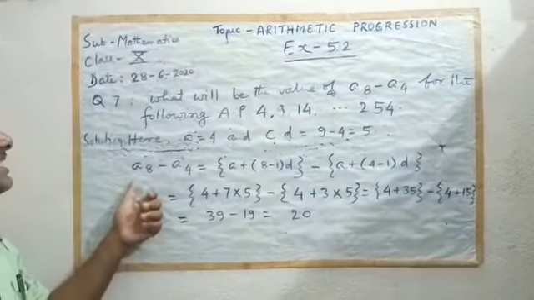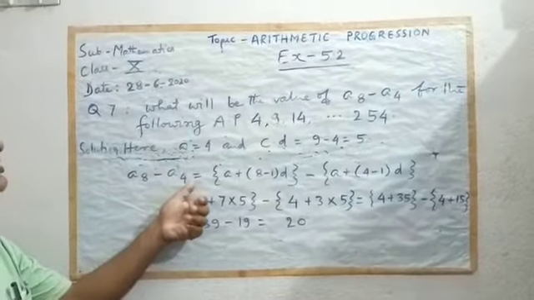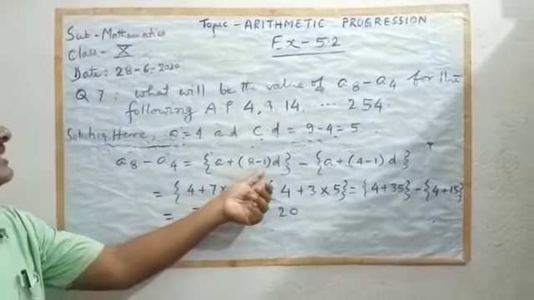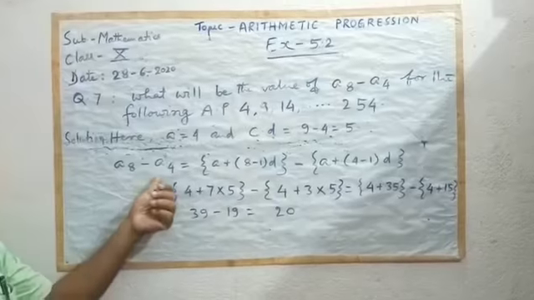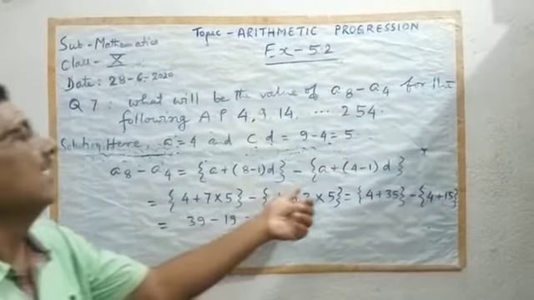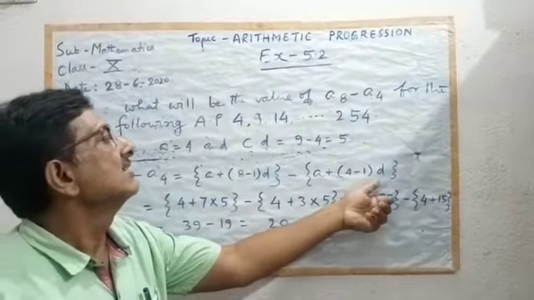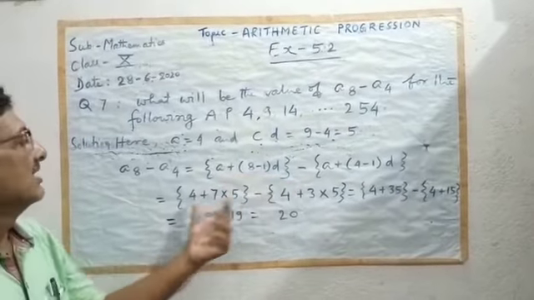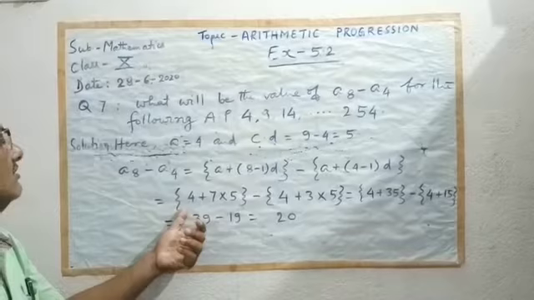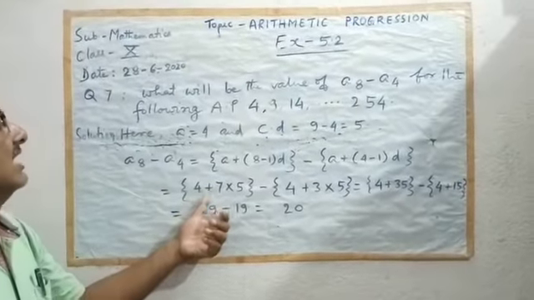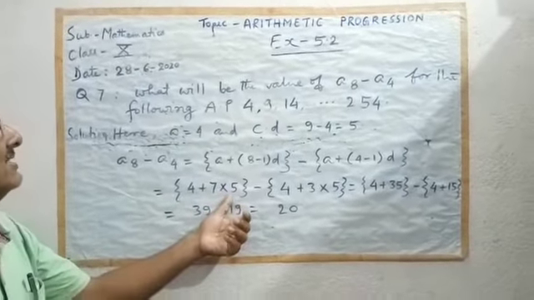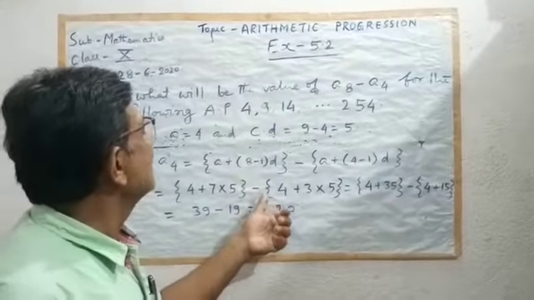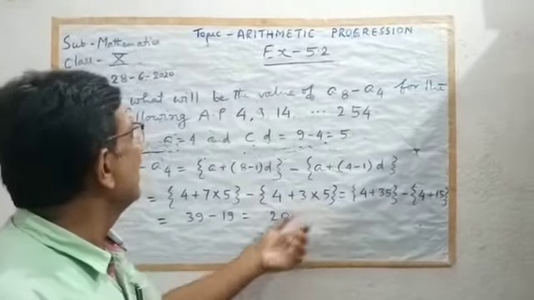So A8 minus A4 equal to, for A8 we can write A plus 8 minus 1 into D, and for A4 we can write A plus 4 minus 1 into D. So now we will put the value of A and D. So here the first term is 4 plus 7 multiplied by 5, minus 4 plus 3 into 5.